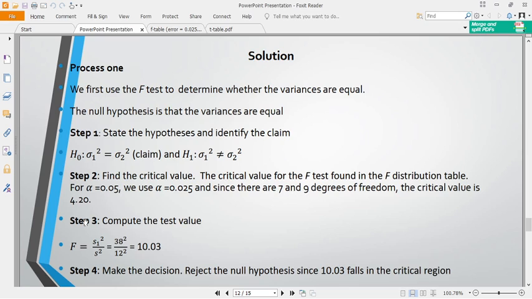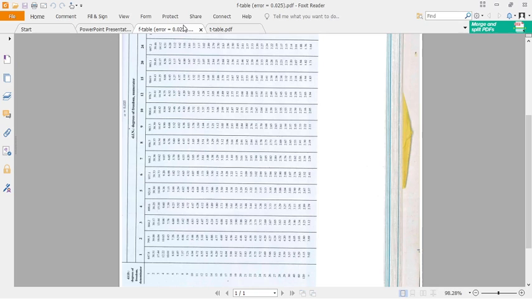So the critical value will be, we look for 7 and then 9 in our F table. This is an F table of alpha equal to 0.025, like you can see up here.